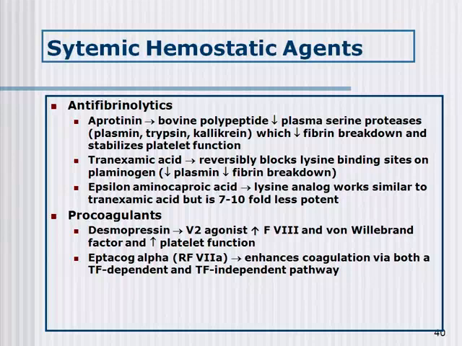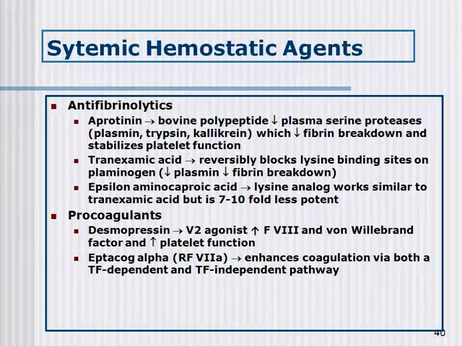They each work a little bit differently, but the bottom line is that they end up reducing fibrin breakdown and stabilize platelet function. So they actually promote clot formation, and they promote stabilization of clot. They do this typically by reducing plasmin, which leads to fibrin breakdown. Each of them works a little bit differently.